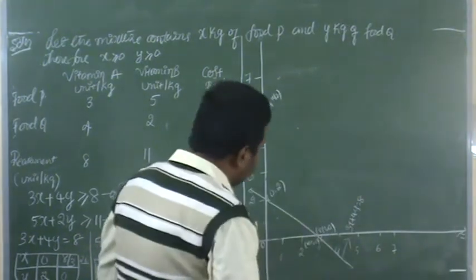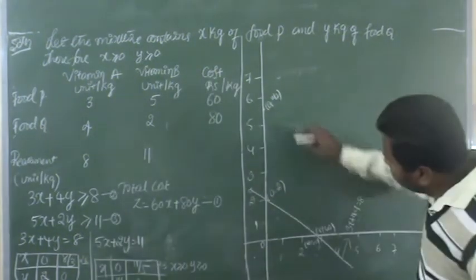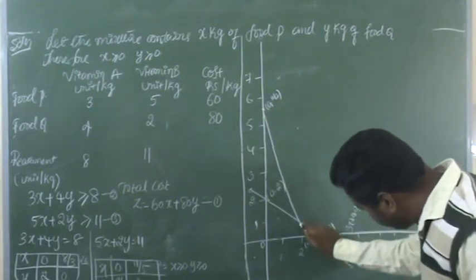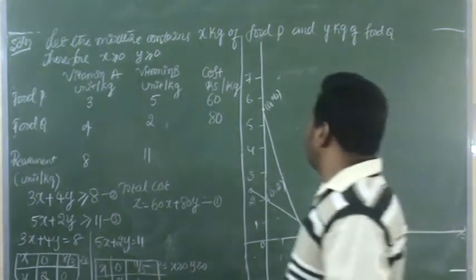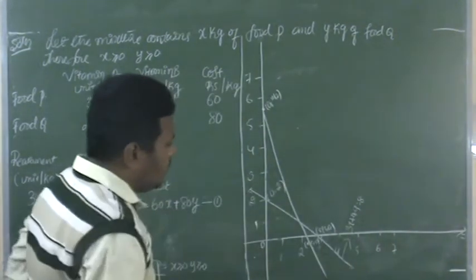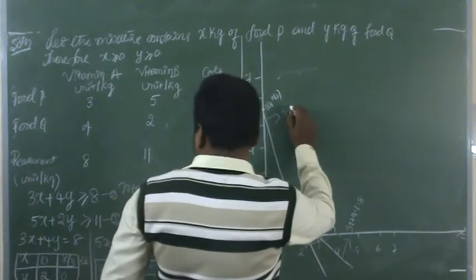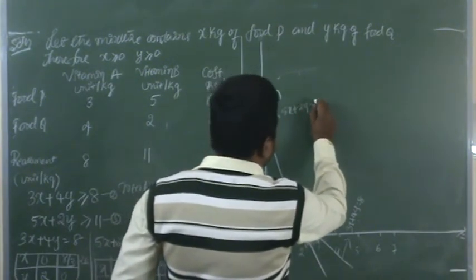Joining these two points. This is the equation 5x plus 2y is equals to 11.